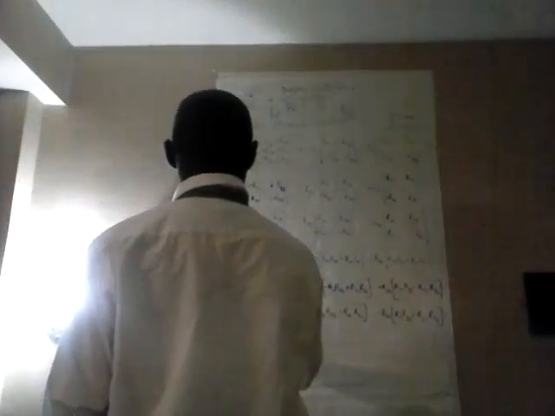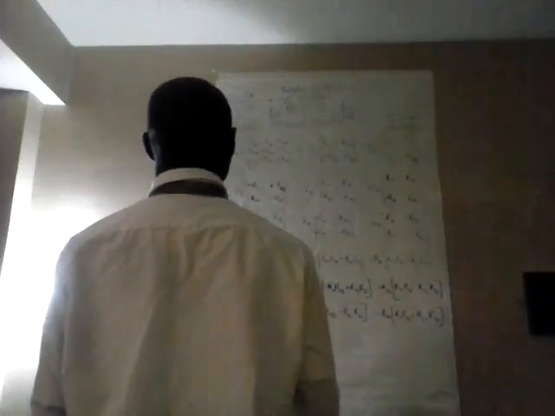This would be plus R13 into R11, R23, positive, minus, minus, and minus give you a minus, minus R12, R21.